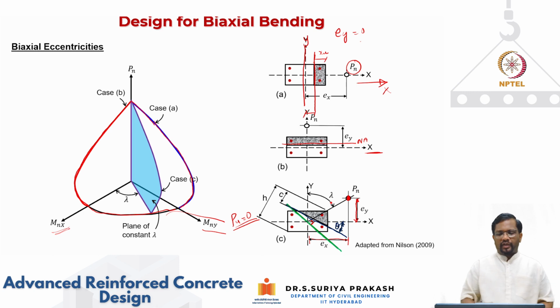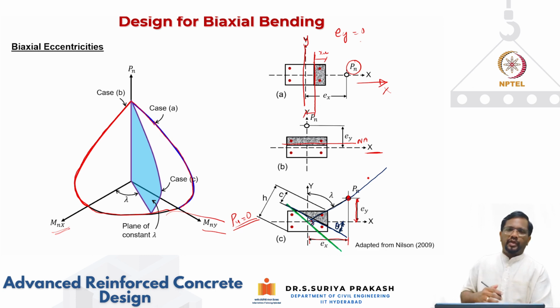We can get it because, with respect to the x and y axes, your P is moving along this direction. If you know this Ex and Ey, that slope will be the line perpendicular to the load direction, with the ratio of Ey by Ex.